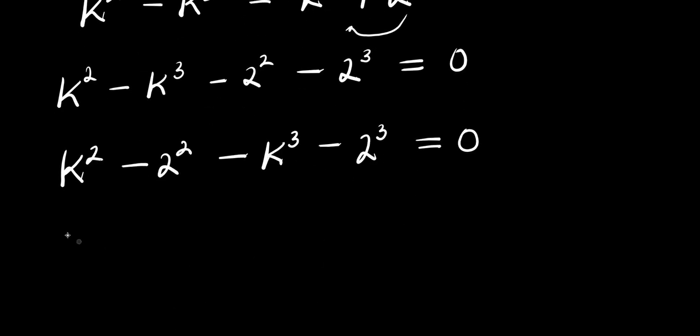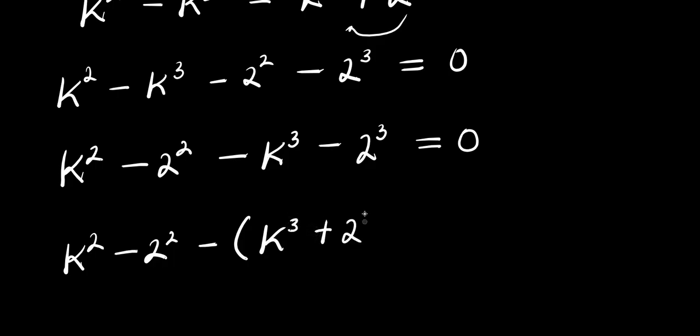So right now, I have k^2 minus 2^2. I can factor out the negative here. There's a minus here, there's a minus here, I can factor out the minus. So I have minus (k^3 plus 2^3) equals 0.